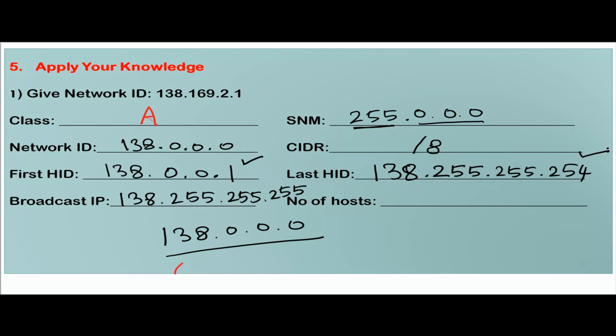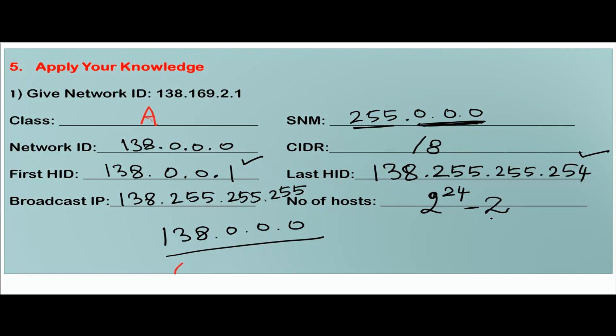So how many hosts can we connect? 2 to the power of the number of host bits, the bits available in the host. There are 3 octets here, 8 bits, 8 bits, 8 bits. So 8 plus 8 plus 8 is 24. So 2 to the power of 24 minus 2.